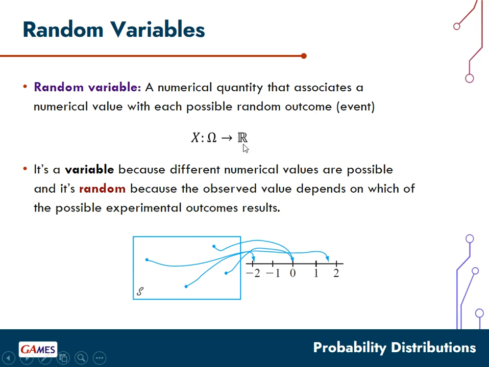The reason it's called a space and not a set is because it's a set that has a notion of distance measurement. You can measure the distance between 1 and 4. We know that the distance between 1 and 4 is 3. The distance between 1 and negative 4 is 5. All distances are positive.